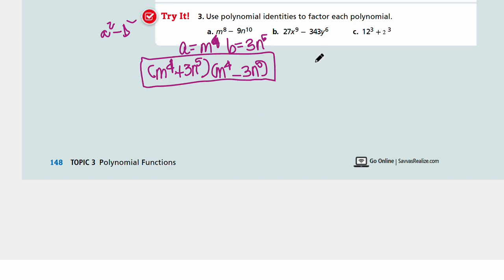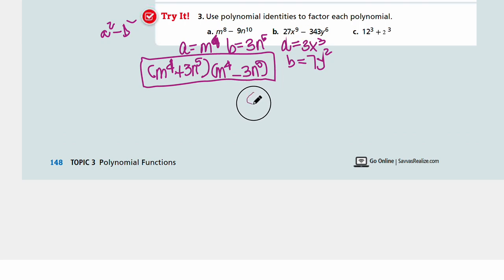You're done. Look at part B. What do you see? This is also a difference, but it's a difference of cubes instead of difference of squares. So you can rewrite this. You can identify A as, if you cube root all of them, 3x cubed, and B could be what? What is the cube root of 343? Could be 7y squared. And so that's a cubed minus b cubed.